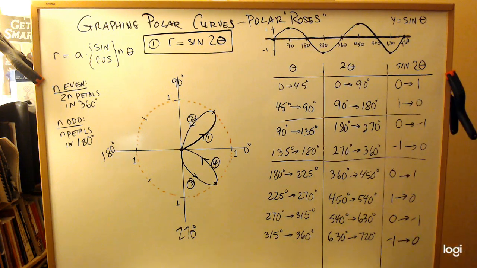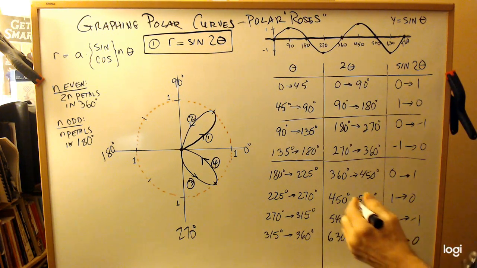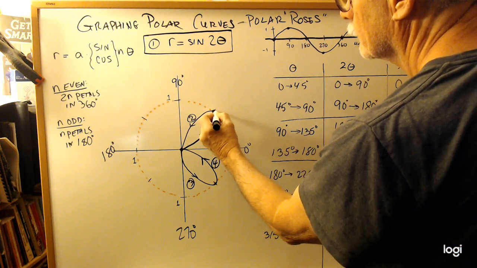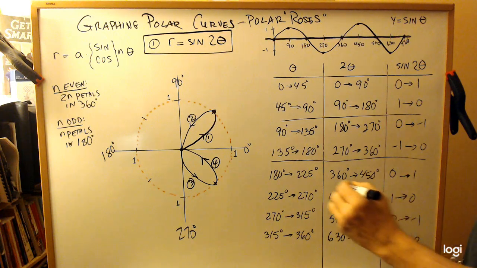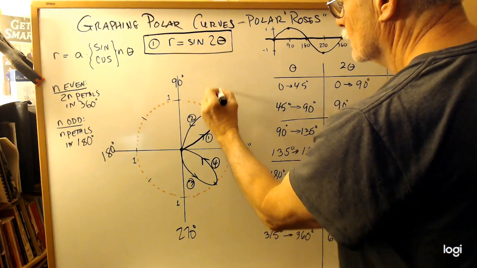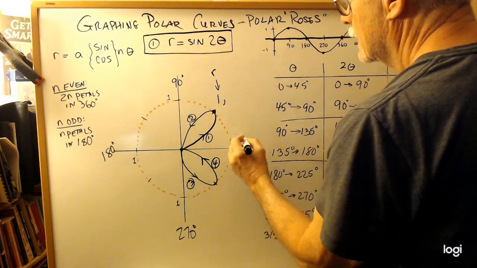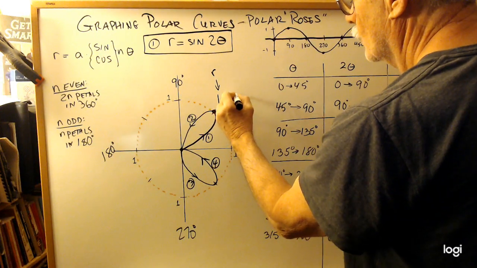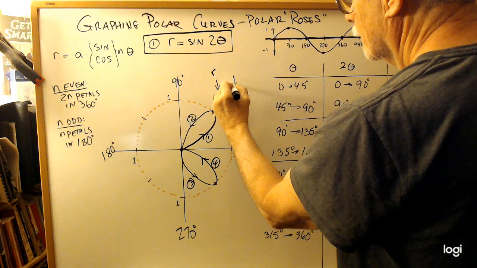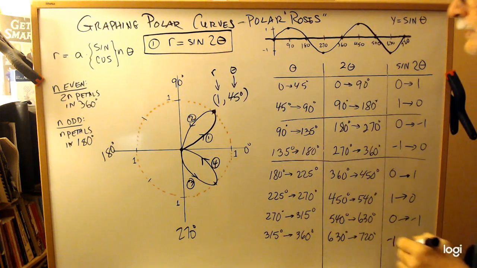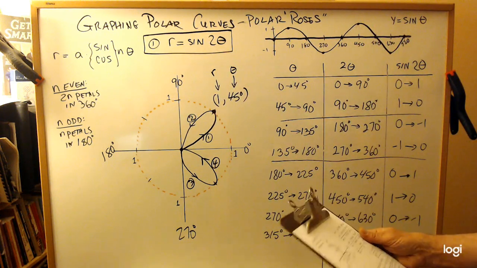Now, before we go further, what I'd like to do is indicate what the coordinates are. So this point here occurred when it has an r value of 1, right? Because we're putting this in polar form, and a theta value of 45 degrees. So that's the tip of our first petal.